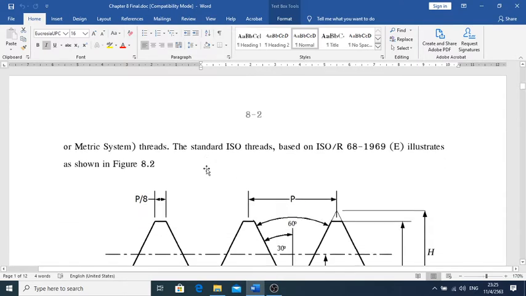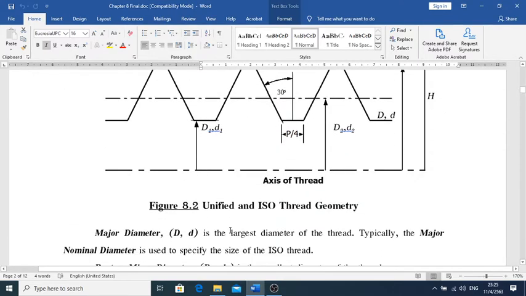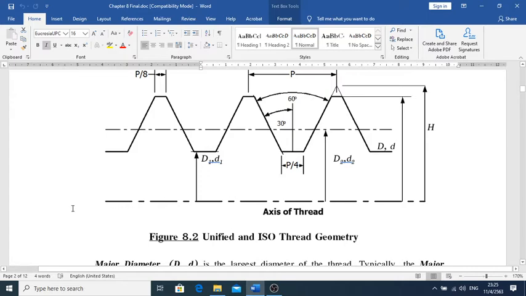And then in figure 8.2, if we cut it off, this is the axis of symmetry, and half of it is shown there. We have capital and small letters.